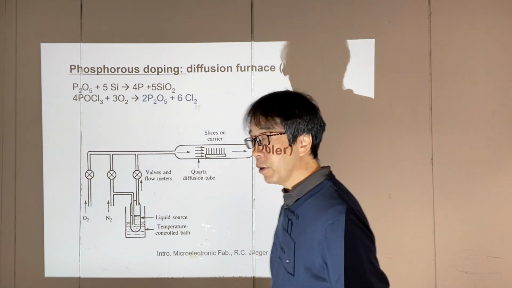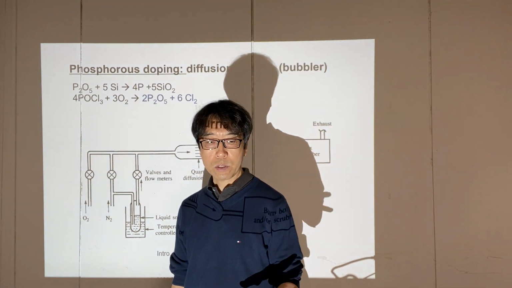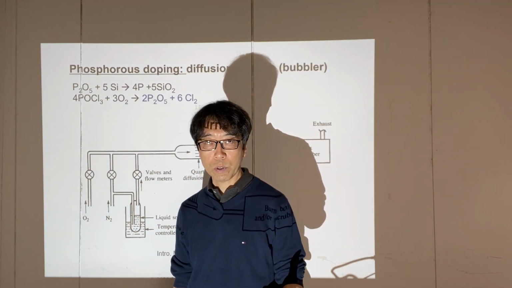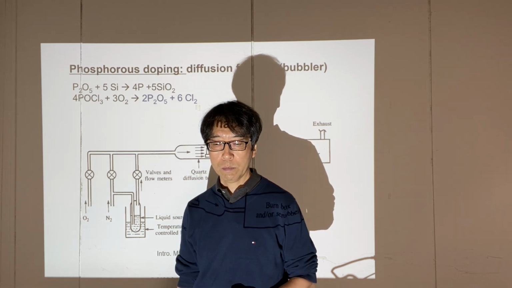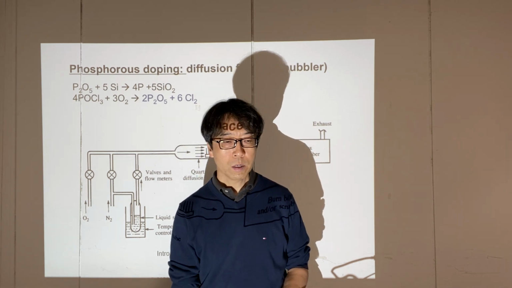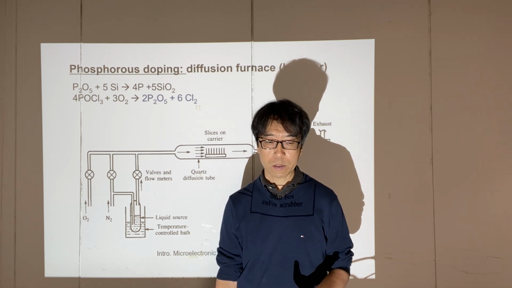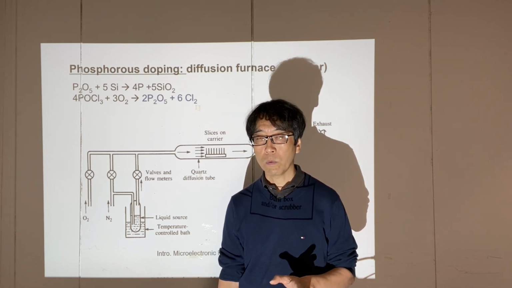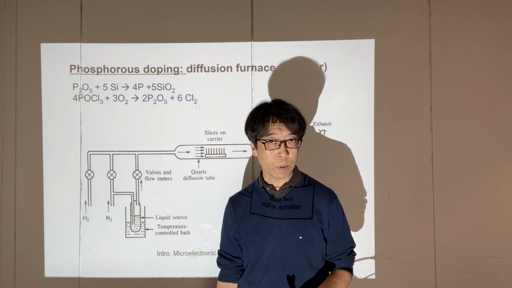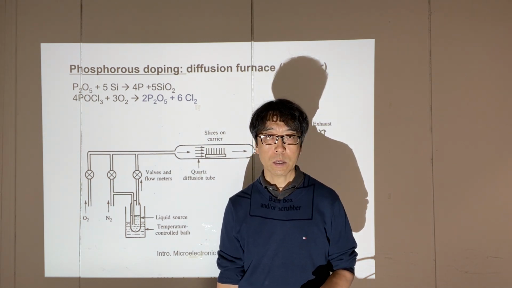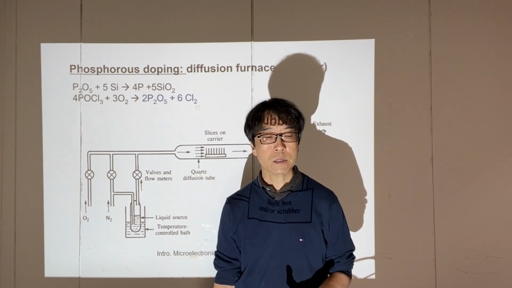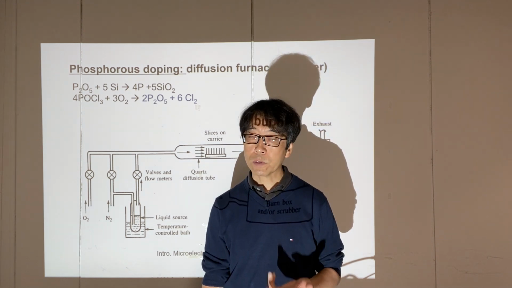One of the furnaces you saw when you had a tour, when I had a tour myself in the clean room last time, was called the Pockle furnace. It is one of the ways of doing this doping. In that case, people use such a furnace for doping phosphorus.